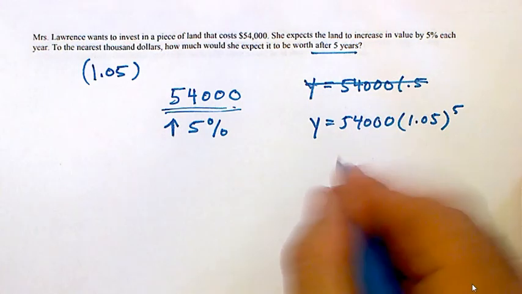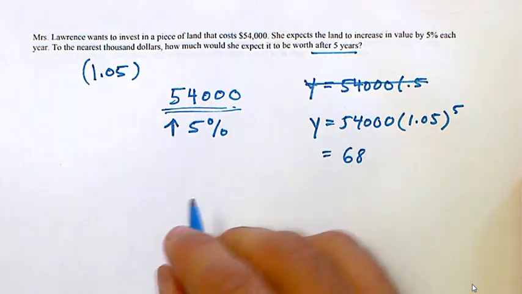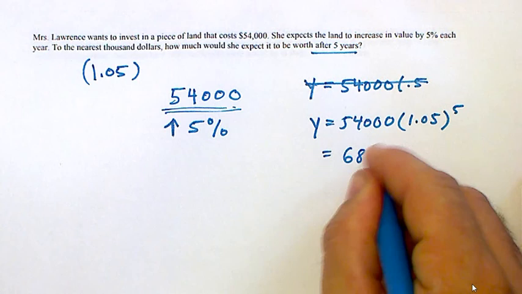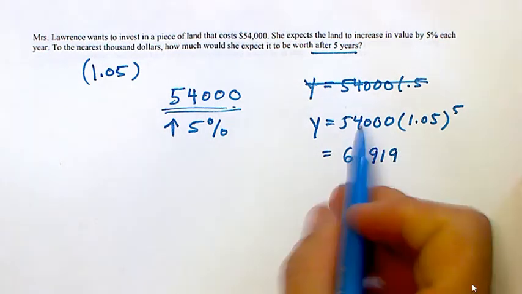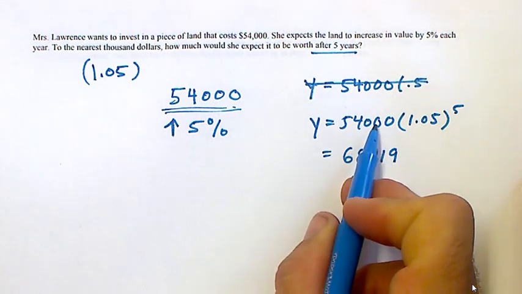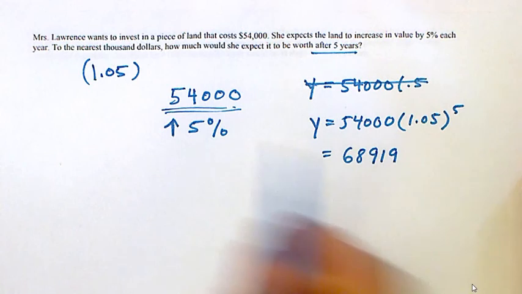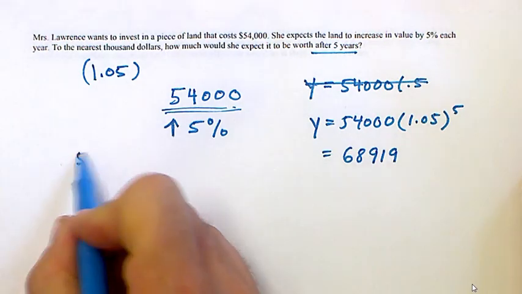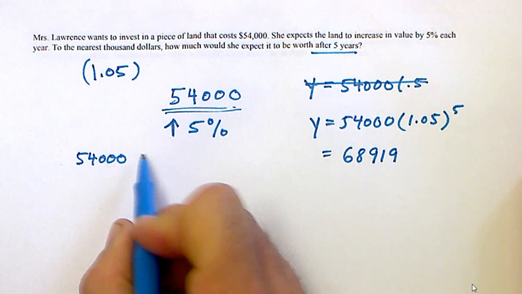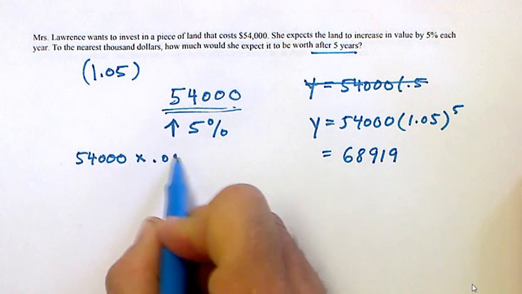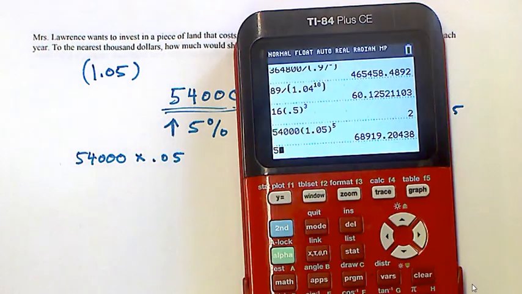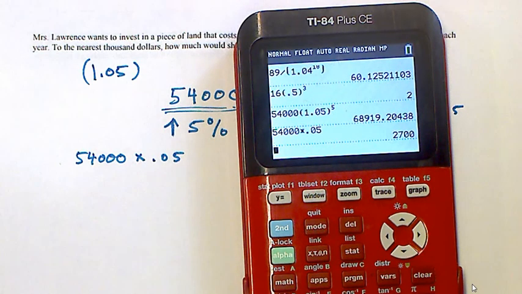So why do we use 1? Well, think about it. If I want to find a 5% increase of 54,000, one thing I could do is take 54,000 and multiply it by 0.05 to find out what that 5% is. So 54,000 times 0.05 gives me 2,700. Correct, right?